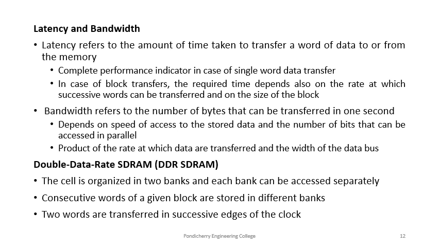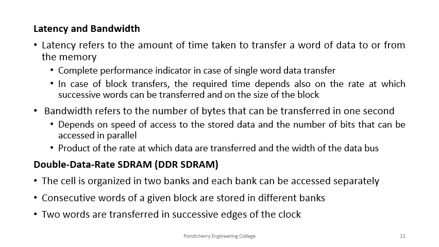And this bandwidth strictly doesn't depend only on the memory performance, because here we are referring to the number of bytes that can be transferred from processor to memory or memory to processor per second. So it also depends on the speed of the links. So this bandwidth performance depends on the speed of access to the stored data and the number of bits that can be accessed in parallel, that is the data bus size.